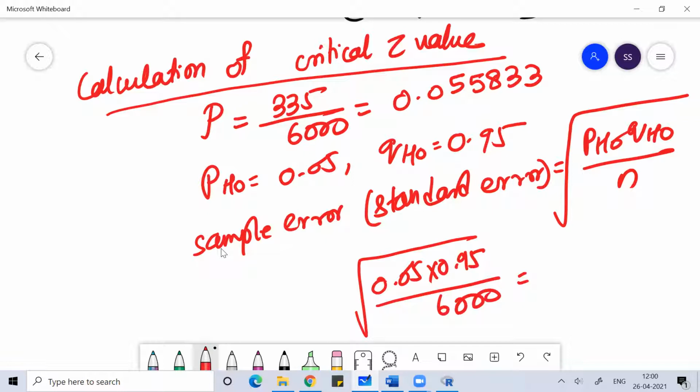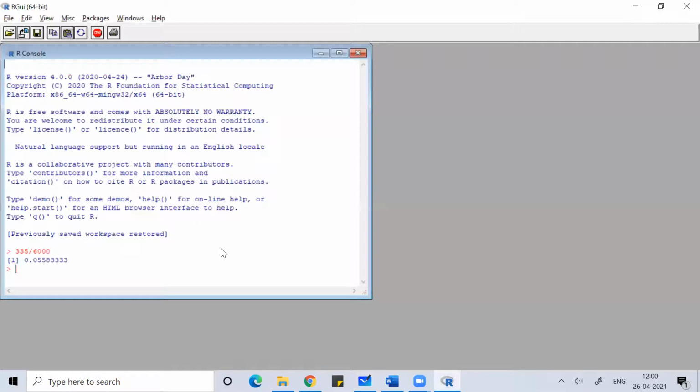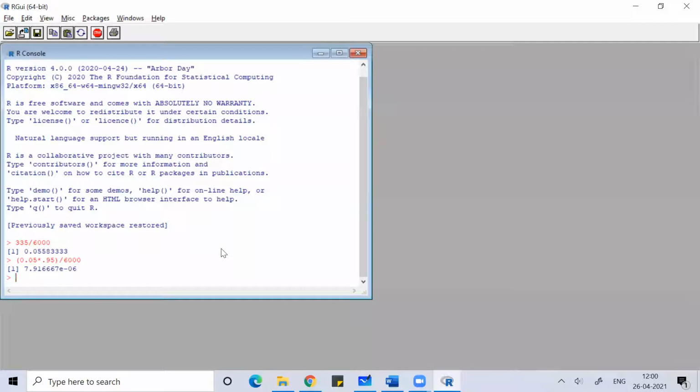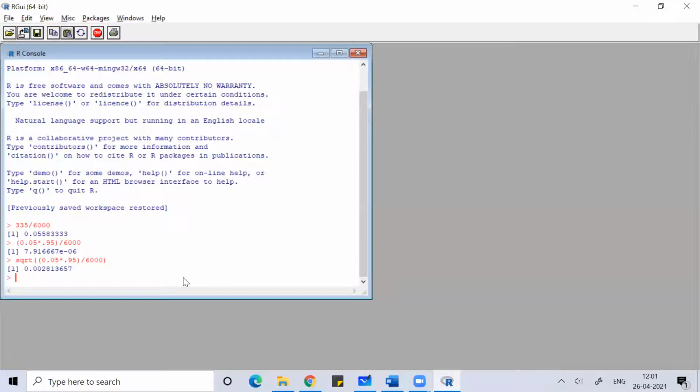I can solve this. 0.05 into 0.95 divided by 6000, and take the square root of this. What I'll get is 0.002813.